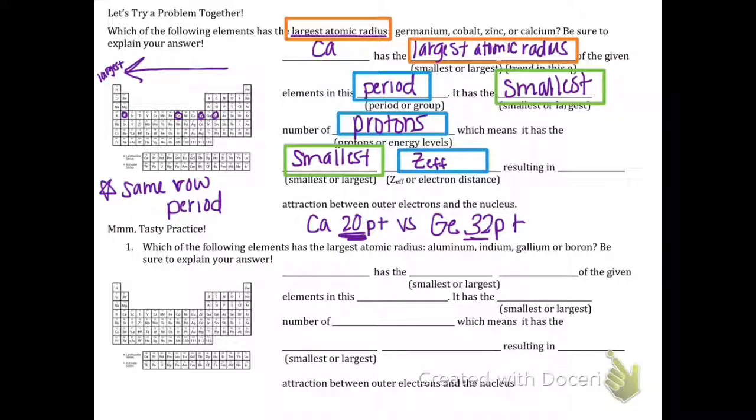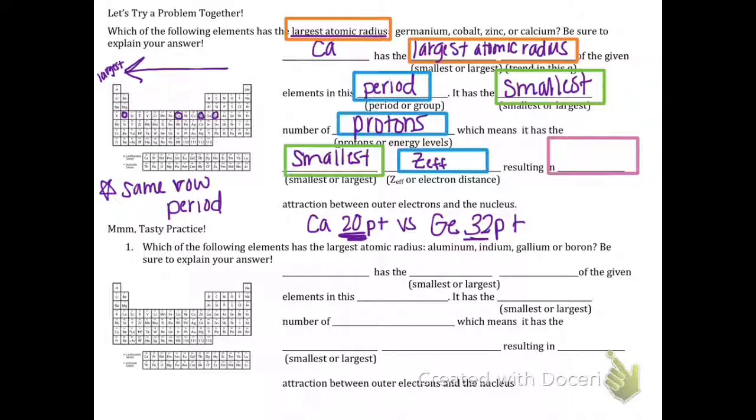Now this word right here, I told you, you're going to have to come up with on your own and figure it out, right? So let's logically think through this. If we have the smallest number of protons, which means it has the smallest Zeff, which is the pull, then what kind of attraction does that lead to?